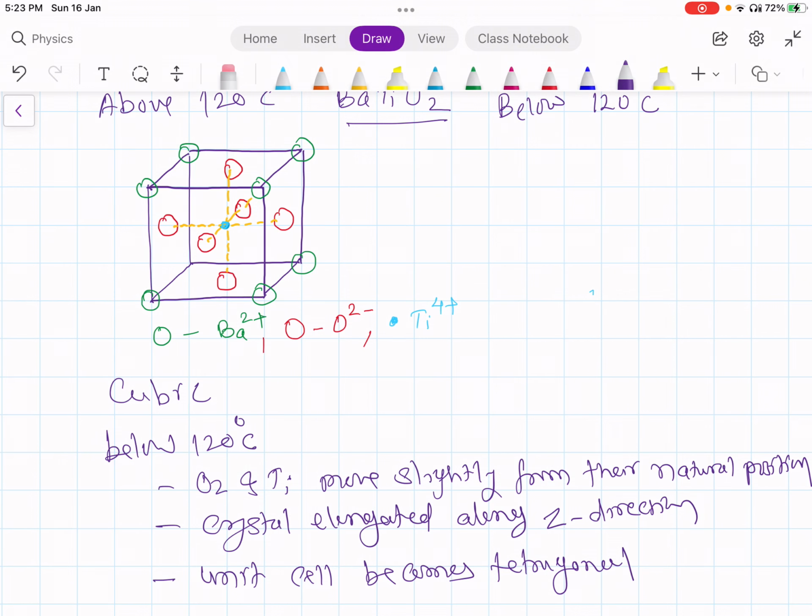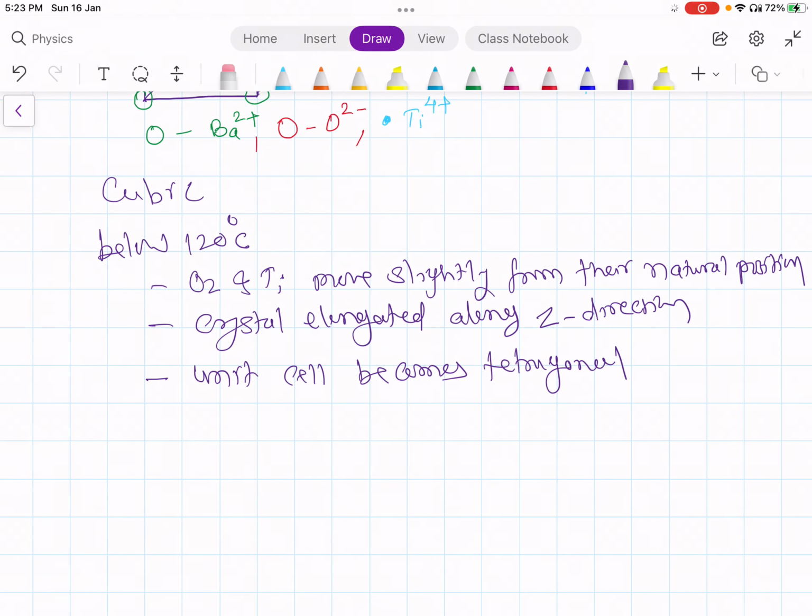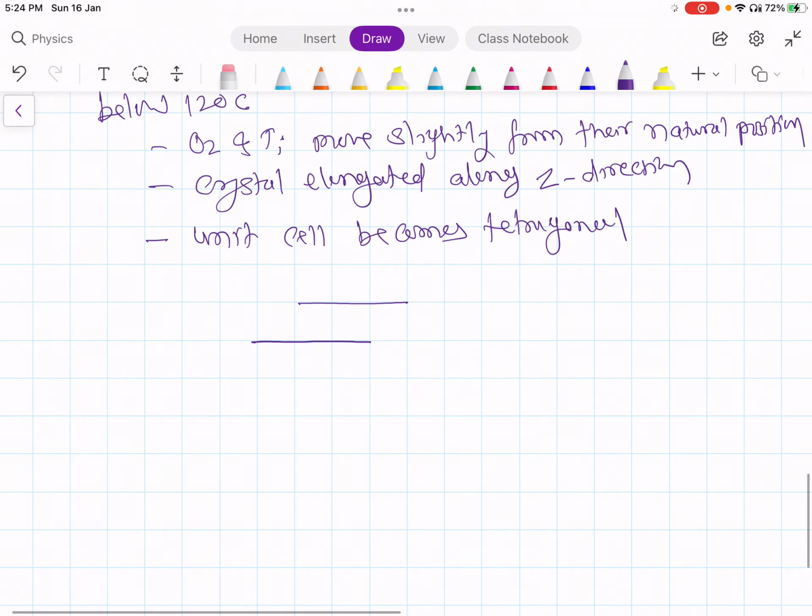So let me draw the diagram for BaTiO3 below 120 degree. So unit cell is tetragonal in this case.